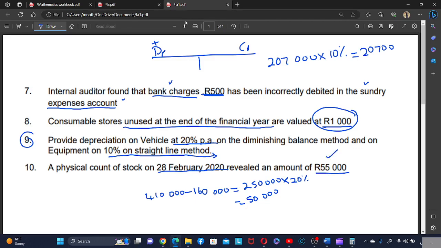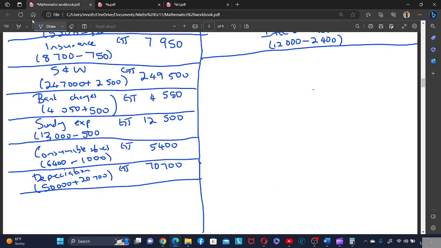It means that the business is losing because they thought that they had more stock while they had less. What do we call that loss? We call it a trading stock deficit, which is an expense.